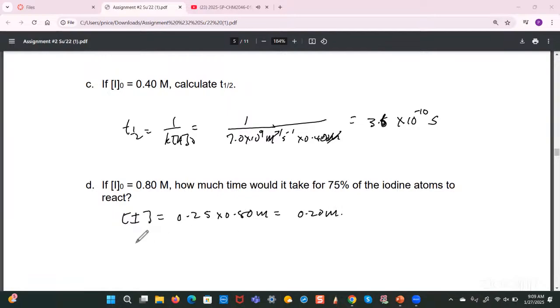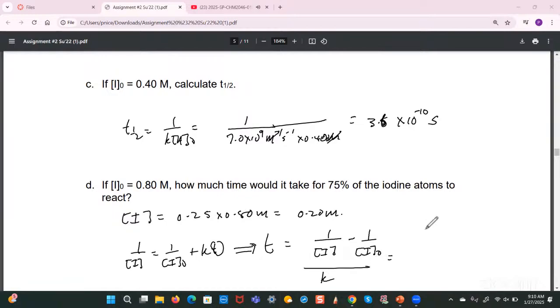So the equation relating the concentration to time is 1 over the concentration of I equals 1 over the initial concentration of I plus kt, right? We need to find t, so t is equal to 1 over the concentration of I minus 1 over the initial concentration of I, divided by k.